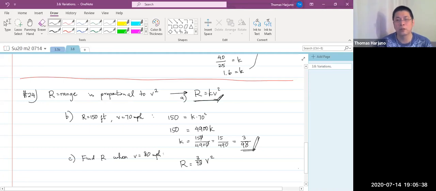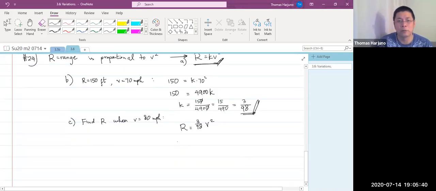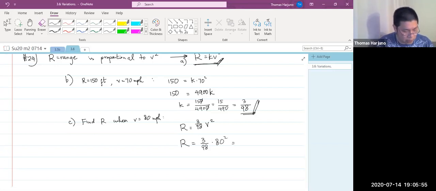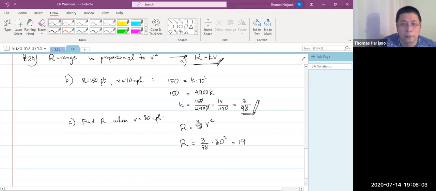That's the formula. Now I plug in the numbers to find the r. R equals 3 over 98 times 80 squared. You can use your calculator for this. 3 times 80 squared divided by 98, I get 195.92 feet.